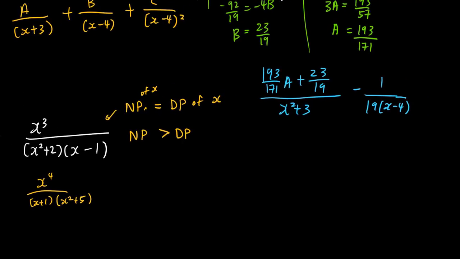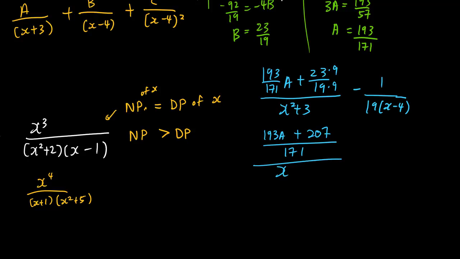Basically, you try to see if 19 and 171 have any lowest common multiple or not. So I will try 171 divided by 19. It's 9. So you can multiply 9 here to make the number look nicer. So therefore, this is 193a plus 207 over 171.